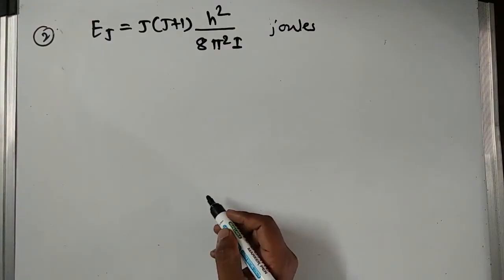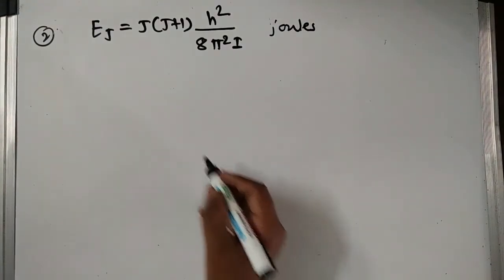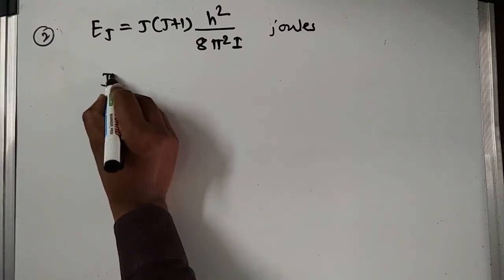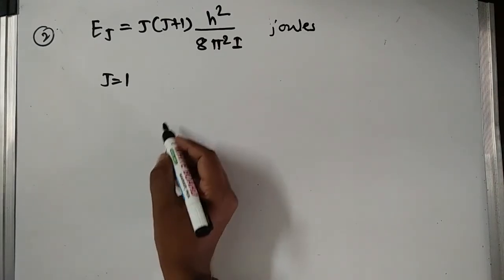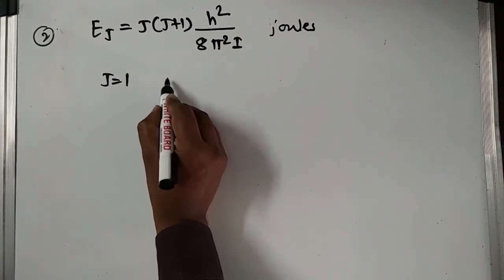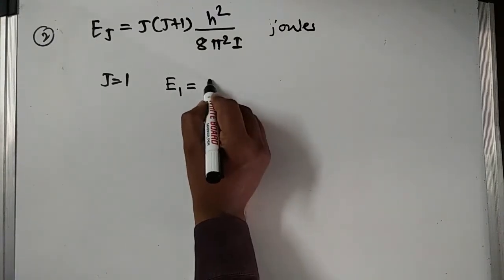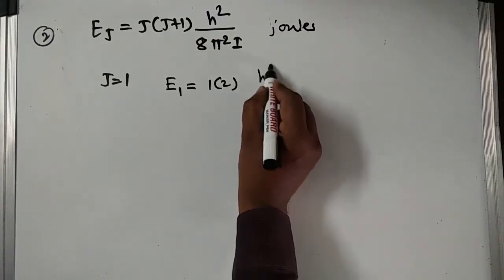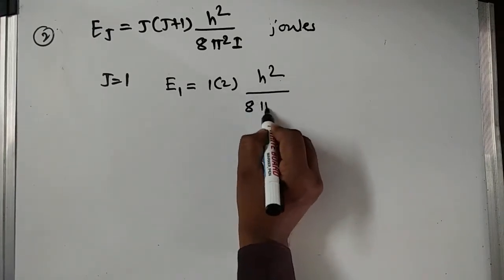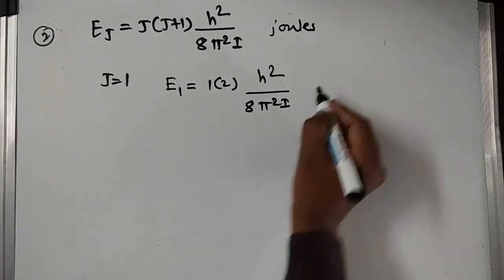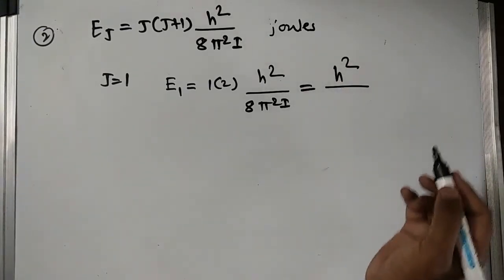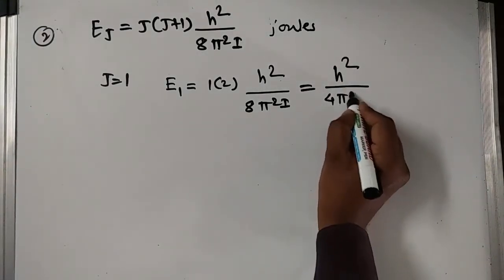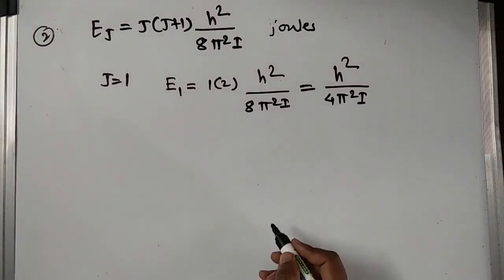J takes only positive values. So for J is equal to 1, we get E1, which is equal to 1 into 2 h square upon 8 pi square I, which is equal to h square upon 4 pi square I.